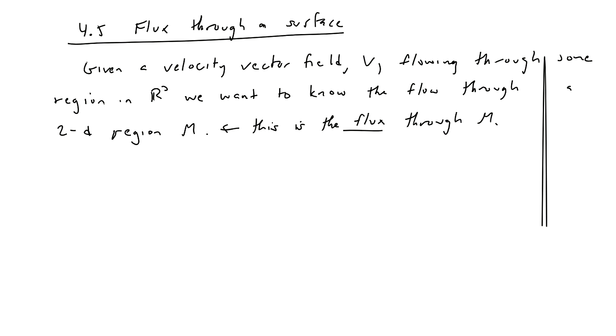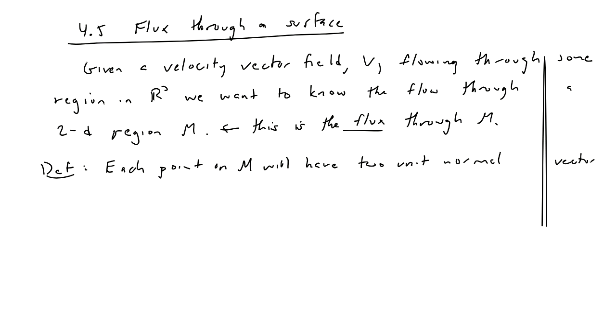So a definition. Given the 2-dimensional region in 3 space, each point on M will have 2 normal vectors, just whatever the vector is and the one in the opposite direction.